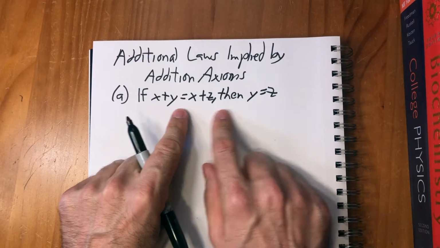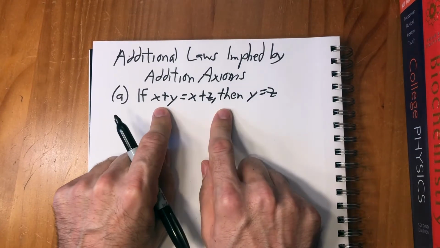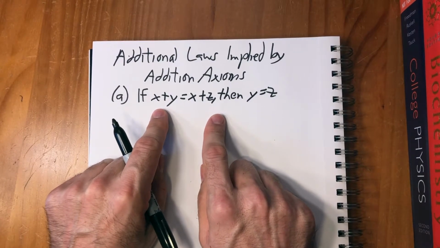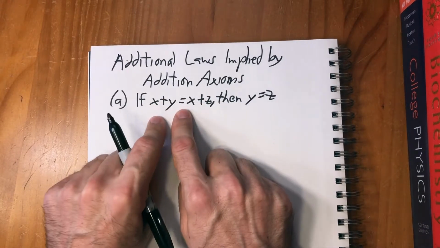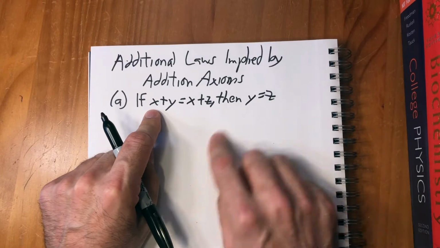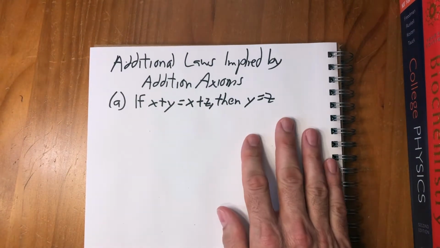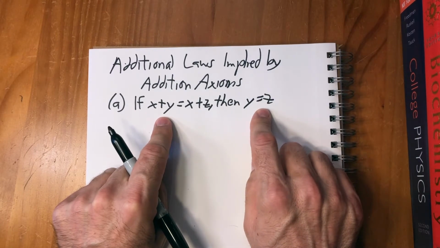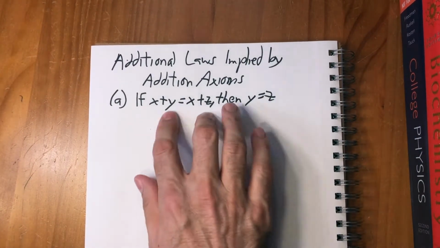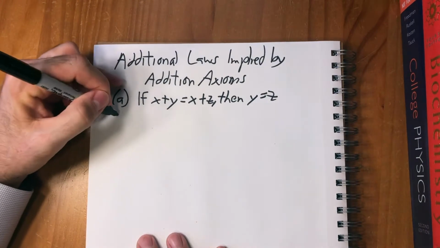Again, this stuff's obvious. This is the foundation of our first classes in algebra. If you have y equals z, you can add the same thing to both sides. Actually, I guess this says the opposite: if you have this, that shows that you have y equals z.